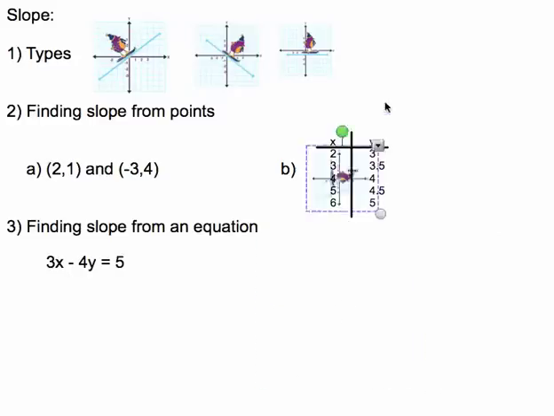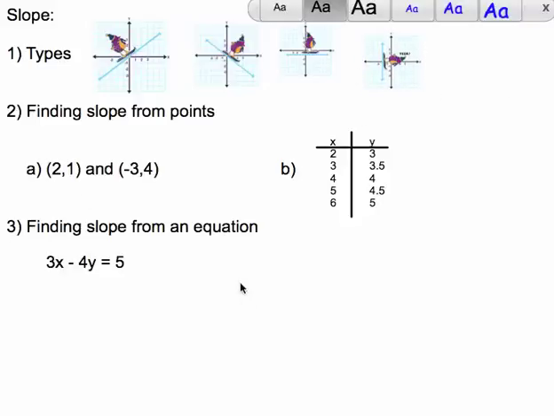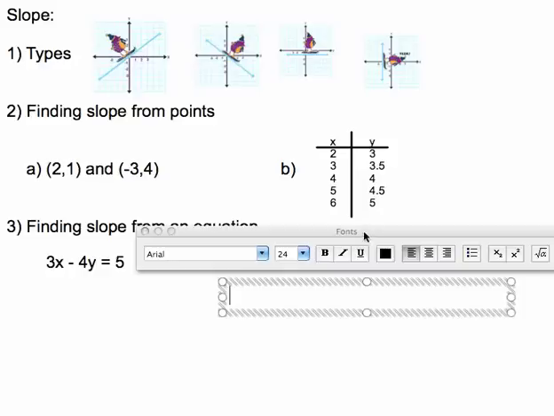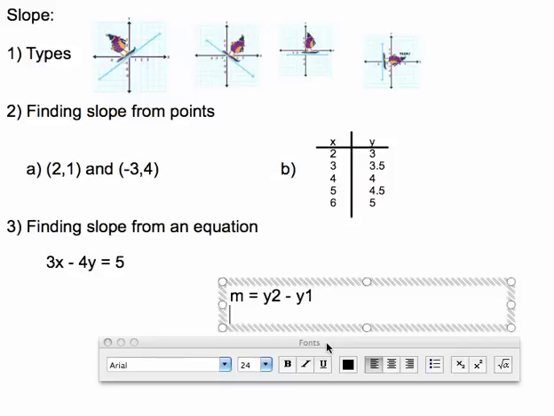So with that, you should be able to first take 2 points and find slope from the 2 points. Well, you need the slope formula for that. And the slope formula, if you remember, is m equals y2, that's not y squared, minus y1, over x2 minus x1.